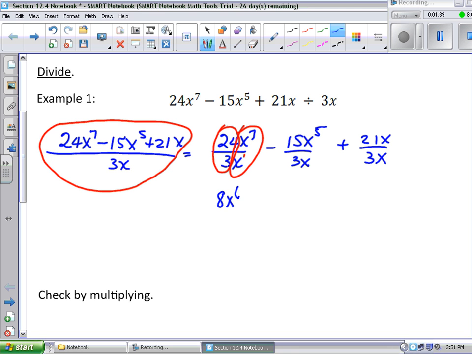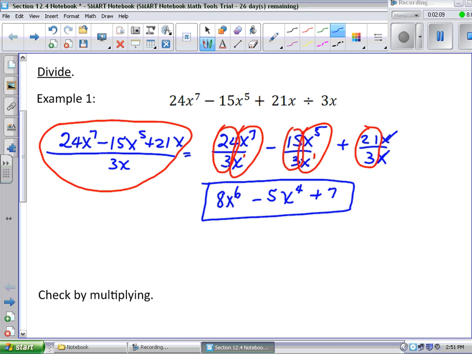That's going to be x to the sixth. Minus 15 divided by 3 will give us 5, and x to the fifth divided by x to the 1, remember we subtract the exponents, would give us x to the fourth. And then 21 divided by 3 will give us plus 7, and the x's will cancel out, so that will give me the answer.